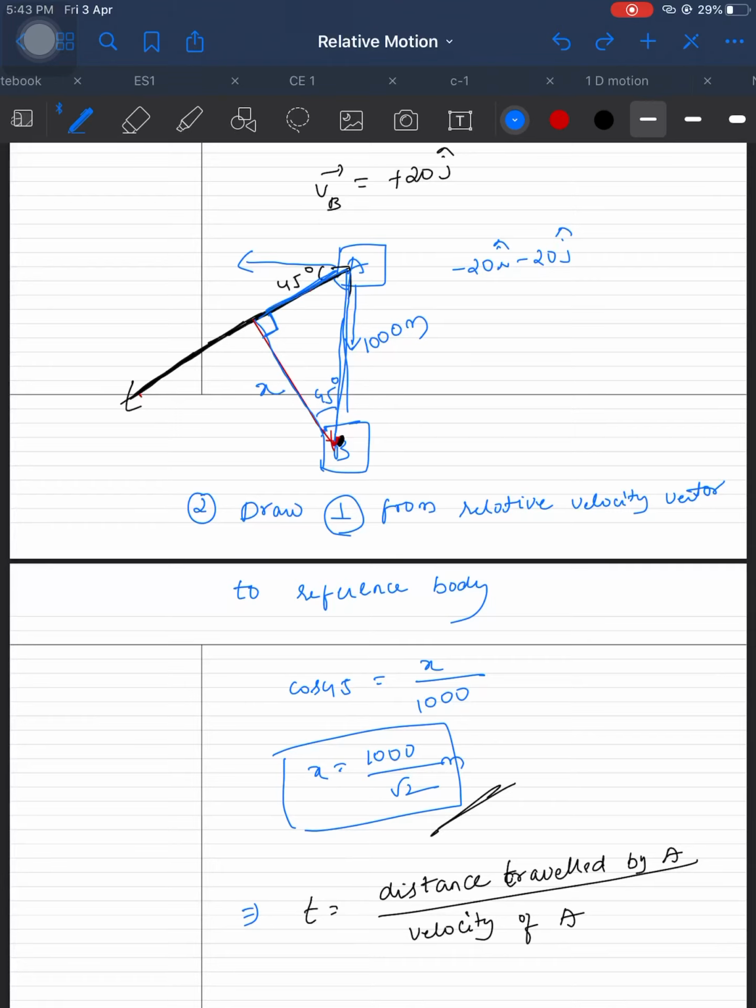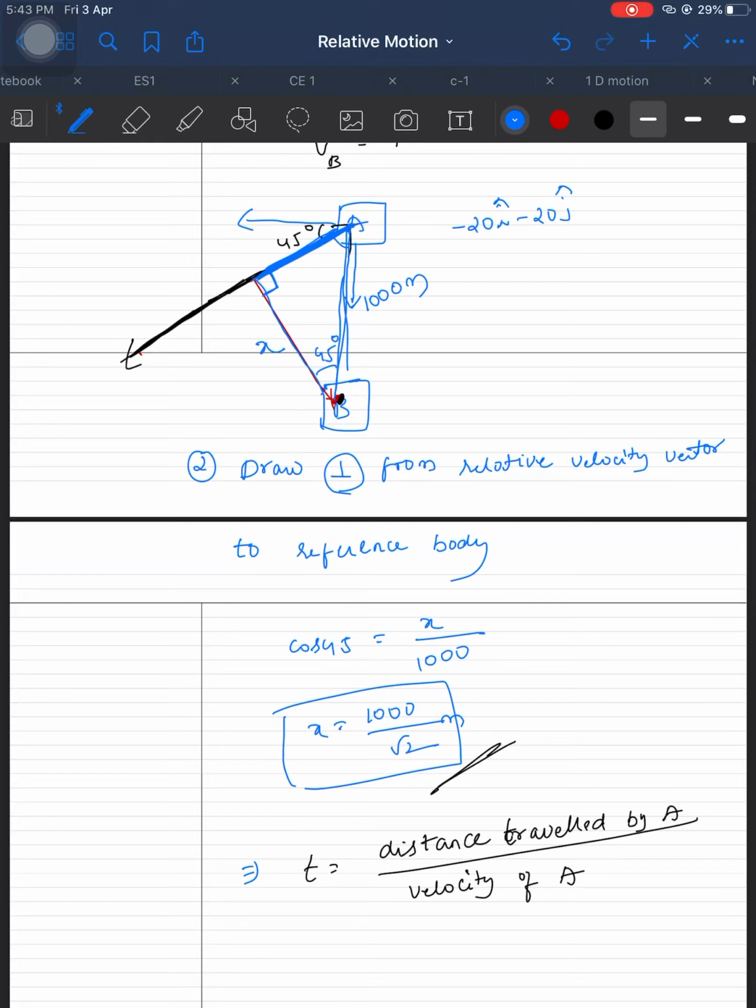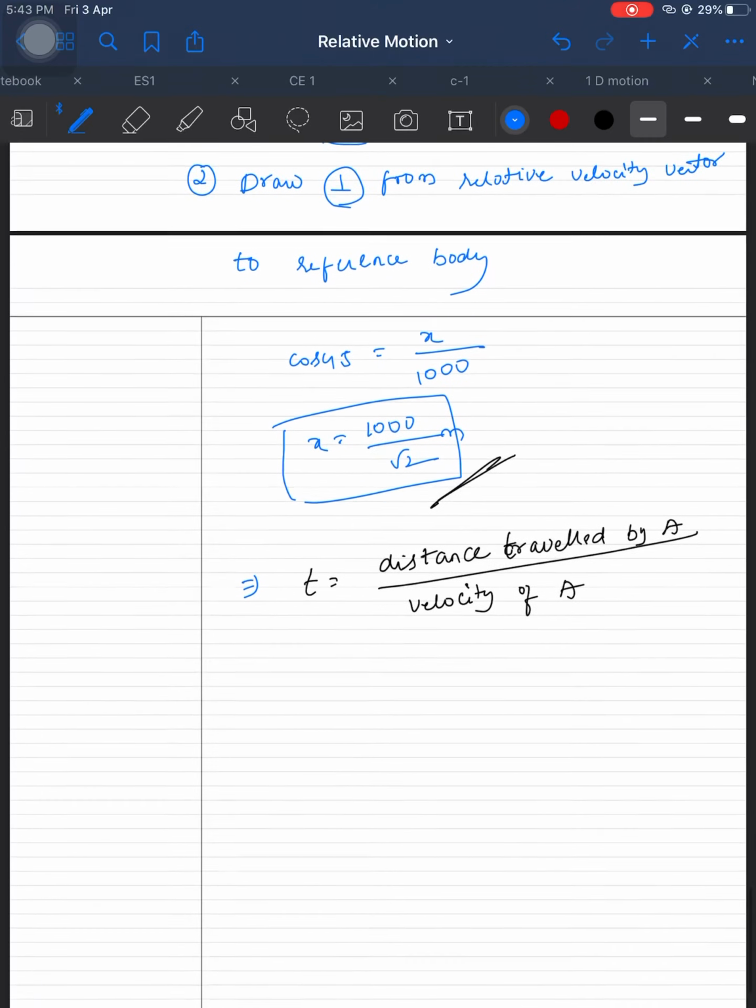Don't blindly say the answer is 500 root 2. It's not the answer. See how much distance A has come from here to here. In this case, distance traveled and displacement are the same.